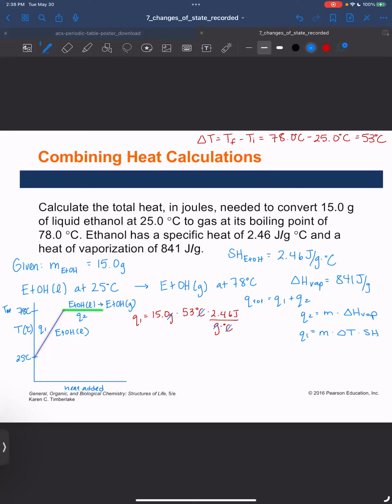So when we plug these values into our calculator, we will get Q1. So 15 times 53 times 2.46, and I got 1,955.7 joules. I like to keep all the numbers until the end, and then we can round at the end.